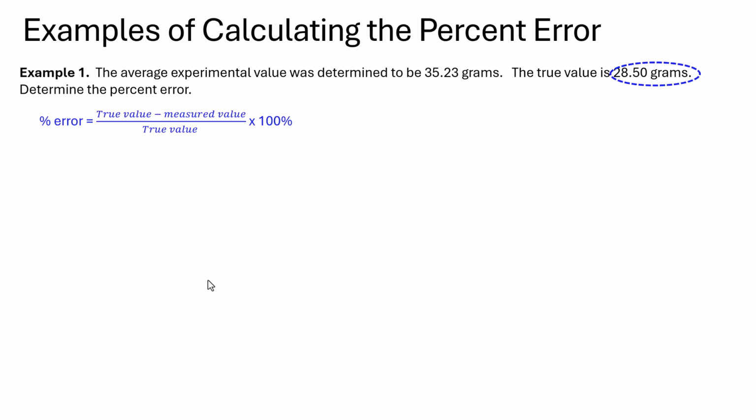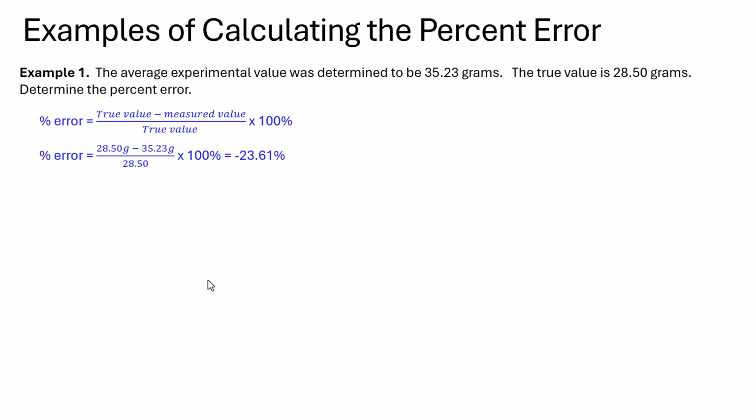Right? So there's our true value, 28.5 grams, and our measured value is 35.23 grams. So we just plug those numbers in place of the words, right? True value 28.5 minus 35.23 divided by 28.5. So this is a negative 23.61%.